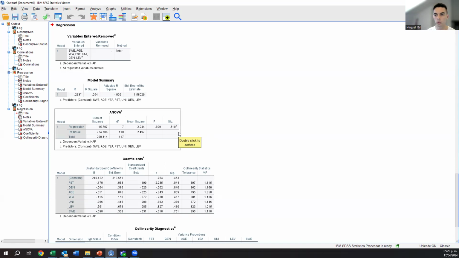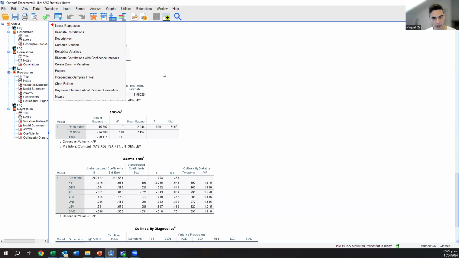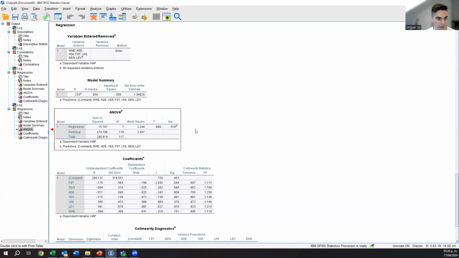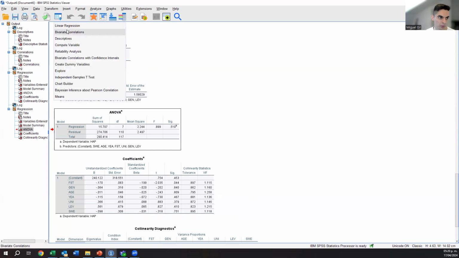We said we cannot do anything. You cannot reject or support. We are done. The R-square is horrible, and well, we don't even need to look at that because it doesn't work. So model 2 doesn't work. The model has a significance higher than 0.15, so we cannot do anything with that.